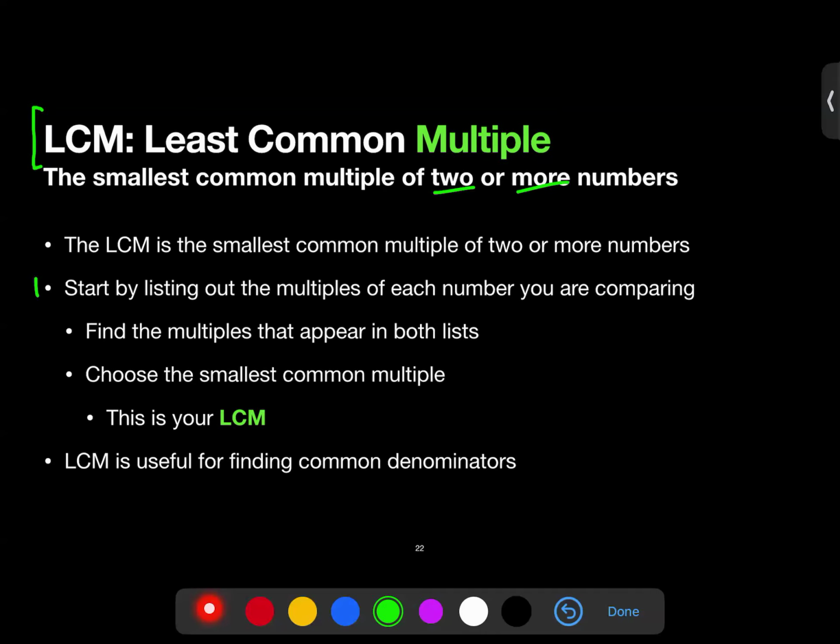So we begin by listing the multiples of each number we're comparing, and we'll find multiples that are common, so multiples that appear in both lists. From here, we'll choose the smallest multiple that appears in both lists, and that number is our least common multiple.